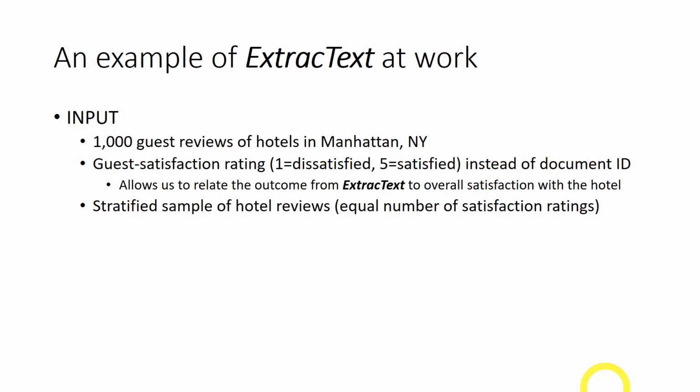And instead of having document IDs, in the first column I have the guest satisfaction rating, where 1 is dissatisfied and 5 is satisfied. That will allow us, after we do the text mining, to relate the words extracted from ExtractText with the overall satisfaction with the hotel.